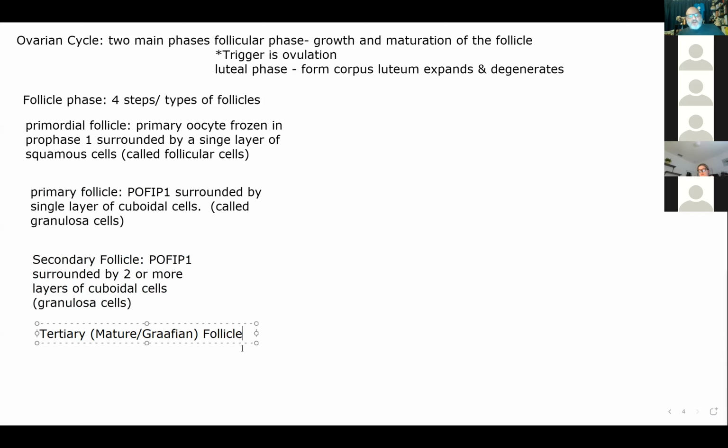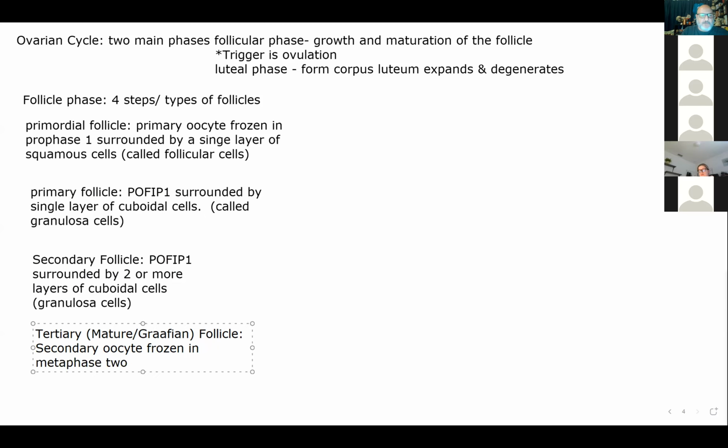And how would you describe a tertiary follicle? Secondary oocyte, frozen in metaphase 2. Now with like an antrum and a corona radiata around the zona pellucida.